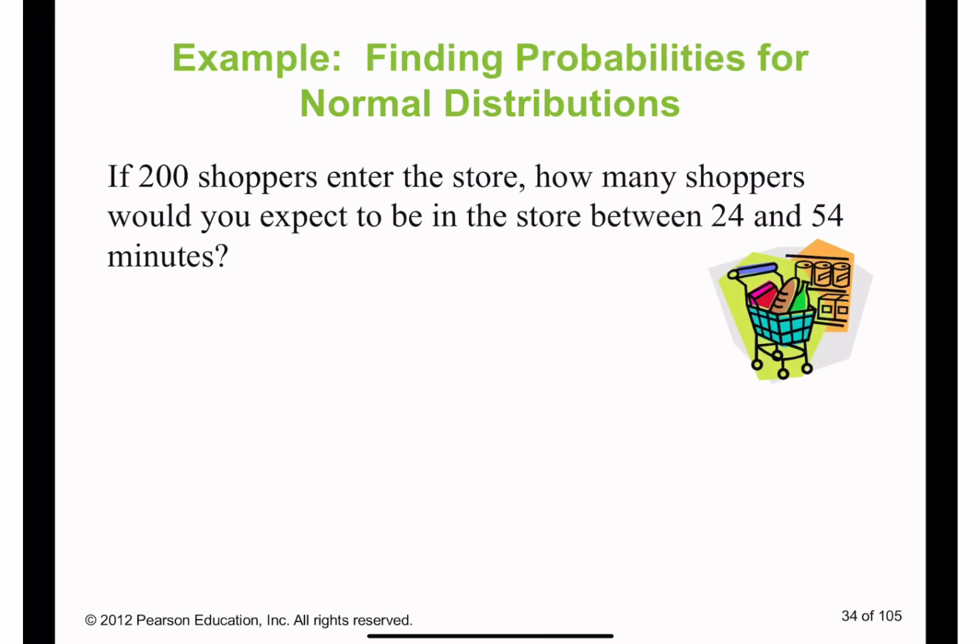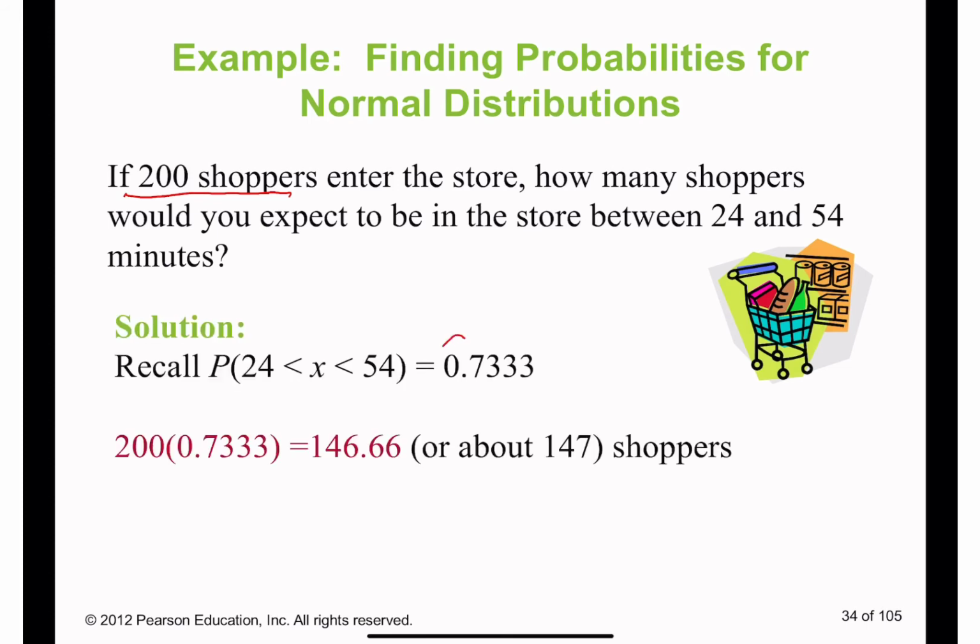Next example, it's the same thing. Previously we saw the chance for one shopper to stay between 24 and 54. Here we are looking for 200 shoppers staying between 24 and 54. The result we found is 73.33%, right?